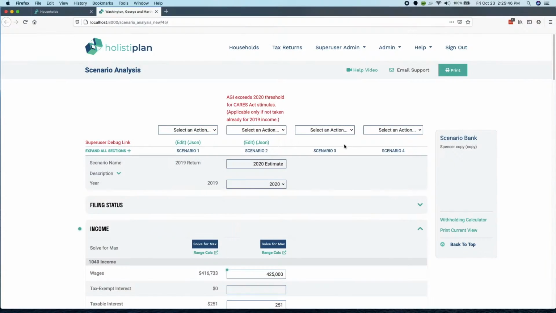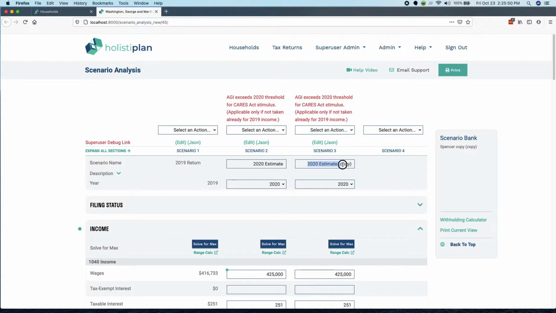Number 2, and this is still a pretty tactical use for scenario analysis, is still a tax estimate, but here we're trying to figure out the impact of some external event that's happening. So your client has incentive stock options, or your client is starting or closing a business, or has a marked change in wages or something like that.